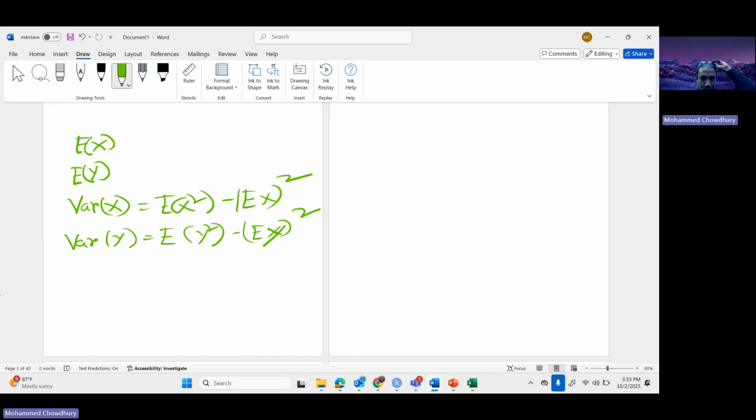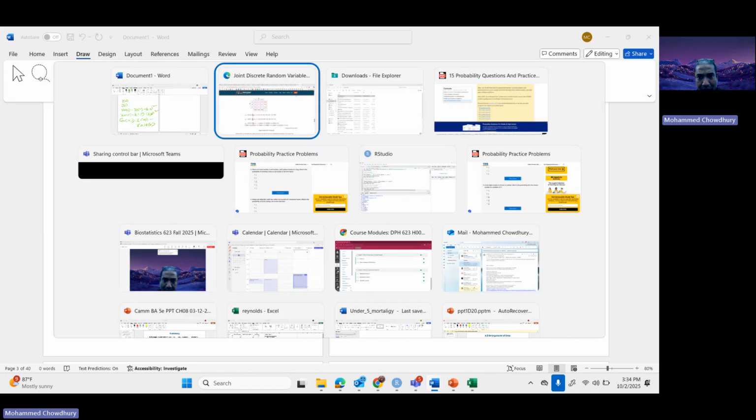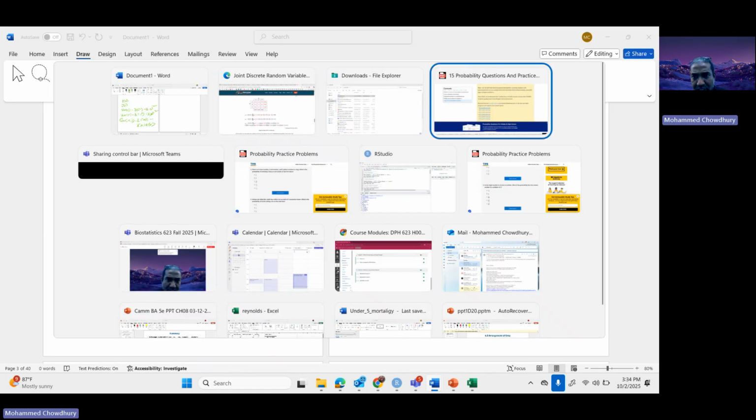Then I also showed you how to find the covariance of x comma y: expected value of xy minus expected value of x times expected value of y. Okay. So these three things I have shown you by doing the computation.